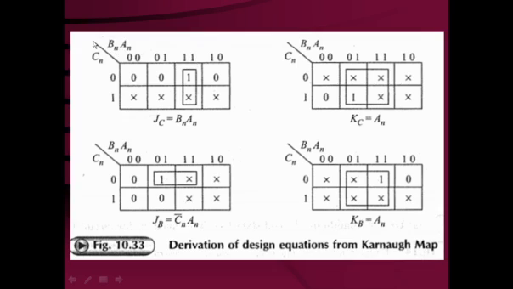So Bn and An have only a single value, so they will not be eliminated. The variable Cn has a value 0 also and a value 1 also. When you move from here to here, Cn has two different values. So Cn will be eliminated and your equation is going to be JC is equal to Bn An. The same way you can prepare for flip-flop B.